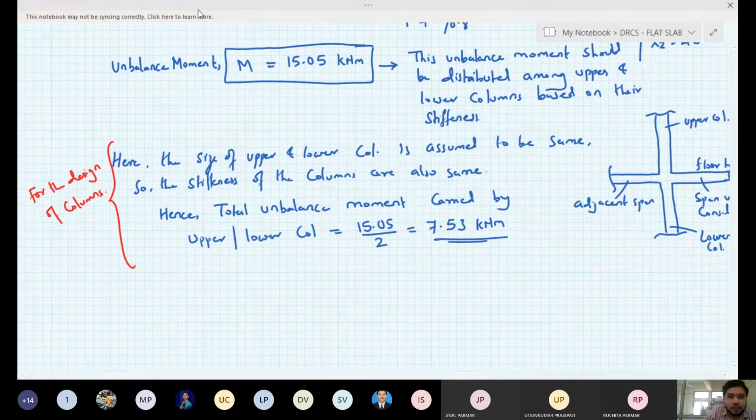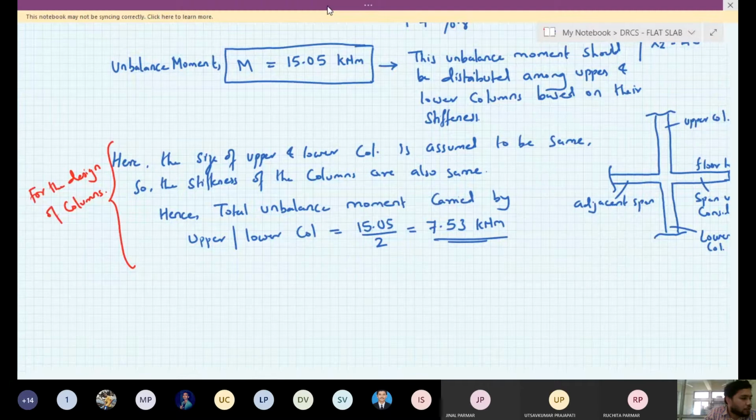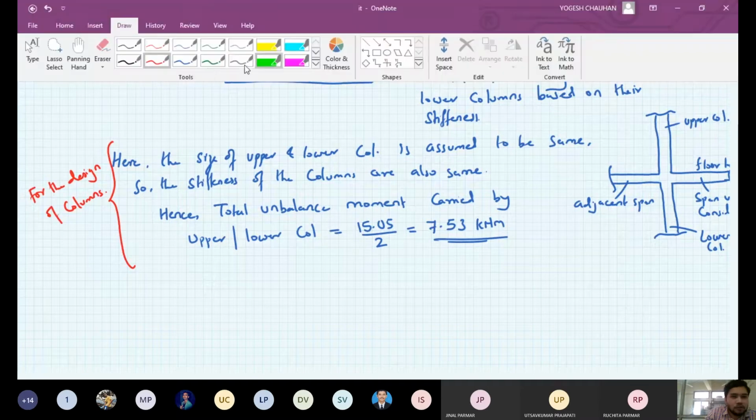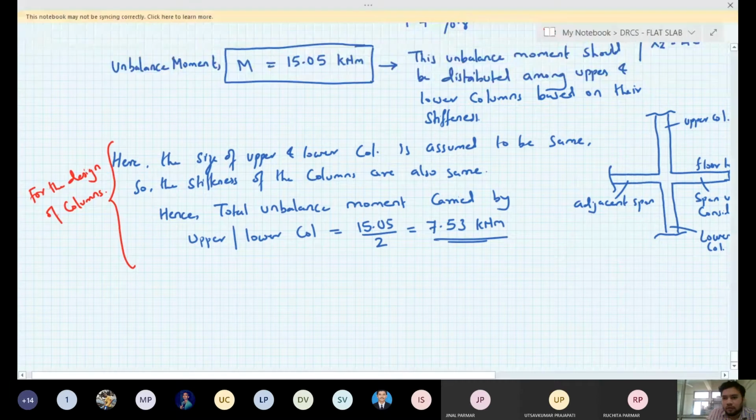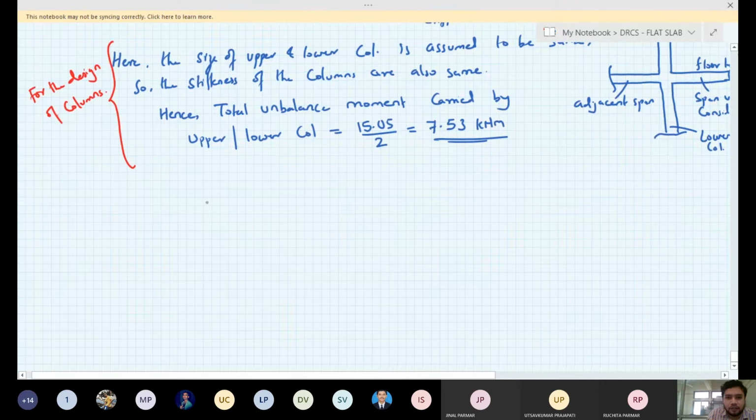Next, let us find the factor by which the fraction of the unbalanced moment will be carried by flexural couple and the shear couple. So for that, we have to find the factor called gamma.